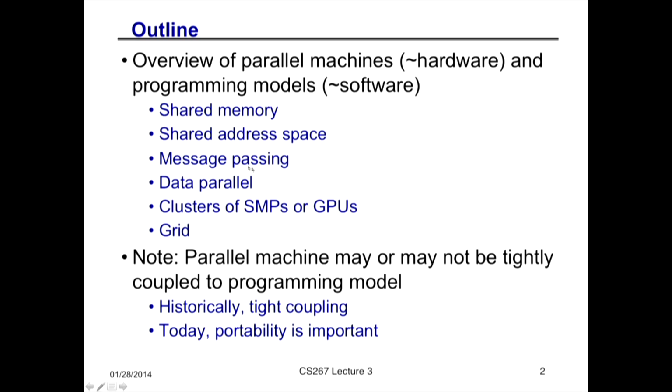So the languages that we'll be talking about here have been designed by committees, for the most part, so that they are standardized, and so that when you write a program today using the standard message passing library, which is called MPI, the chances are excellent that it will run 5 or 10 years from now. Maybe not as fast as you would like, but it will be portable. And so that's sort of the history of things.